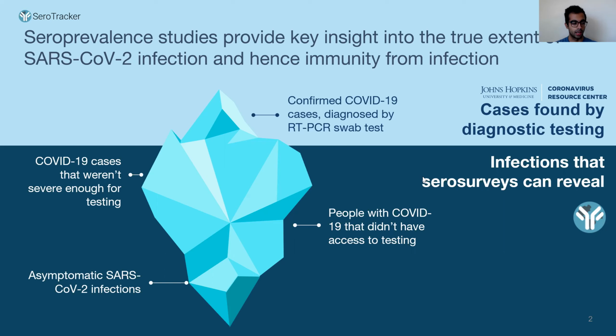Confirmed cases considerably undercount the true extent of infection. And so serological assays, which measure the prevalence of antibodies against SARS-CoV-2, are really crucial, our best window into the true extent of infection.